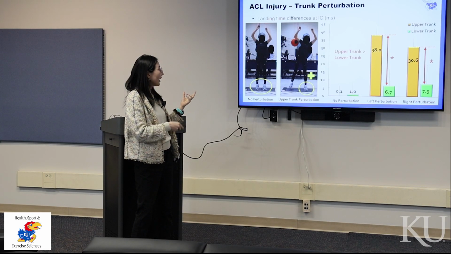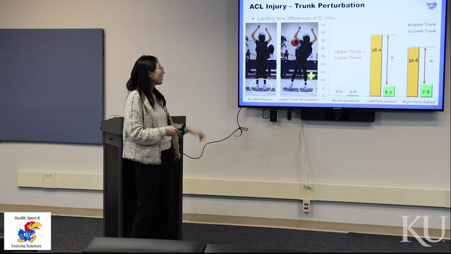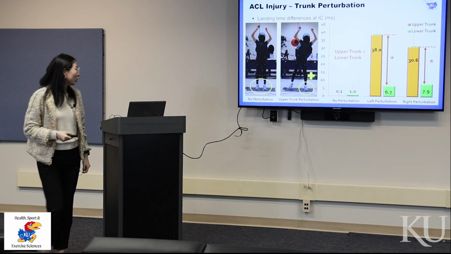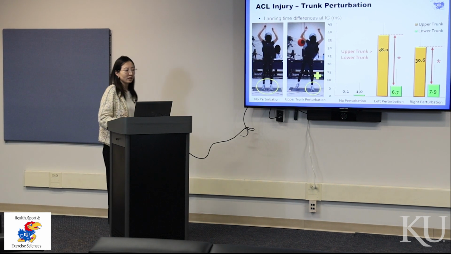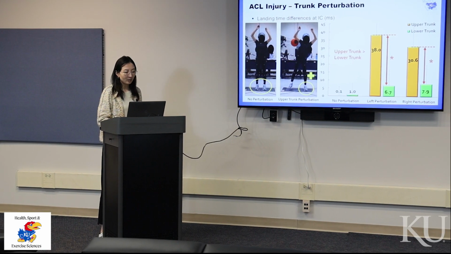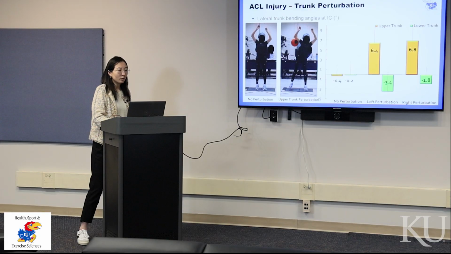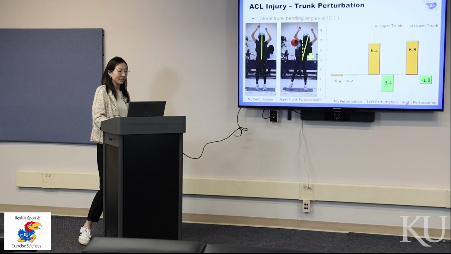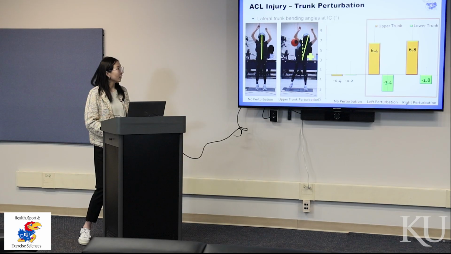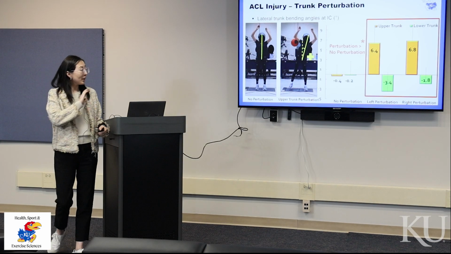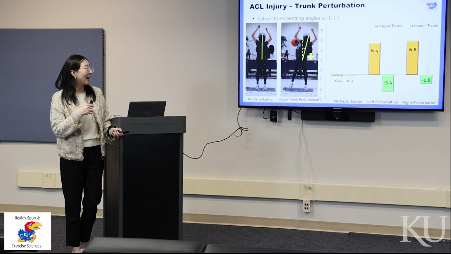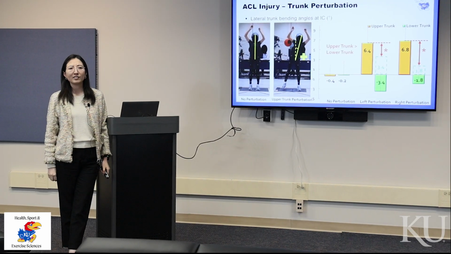And the second, what else will you be able to tell? So we will look at the trunk lateral bending angle. All right, here we are. When the perturbation happened, we were able to see a greater trunk lateral bending angle. So what does the positive or negative number mean?